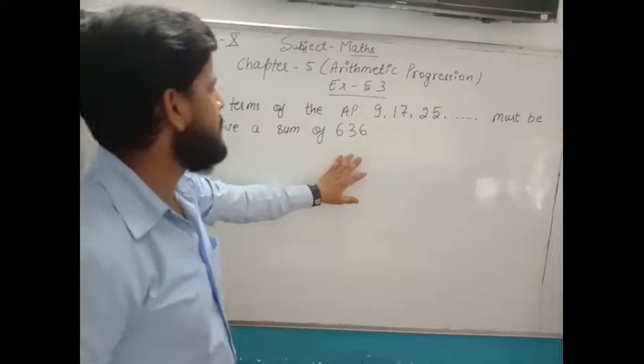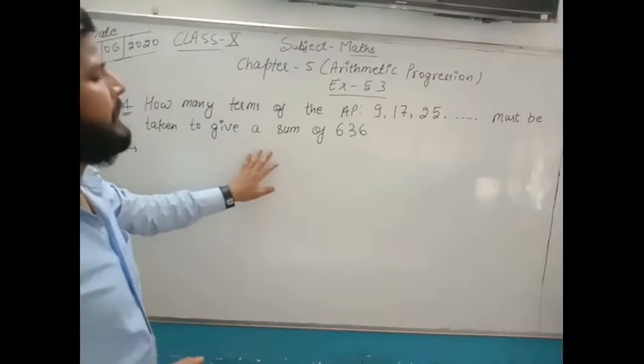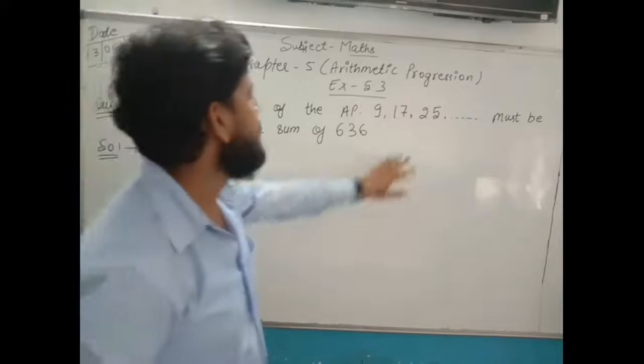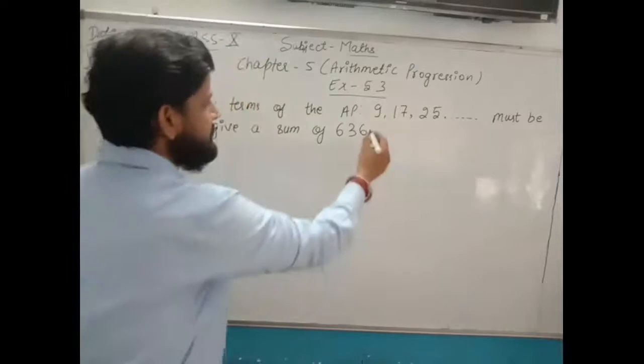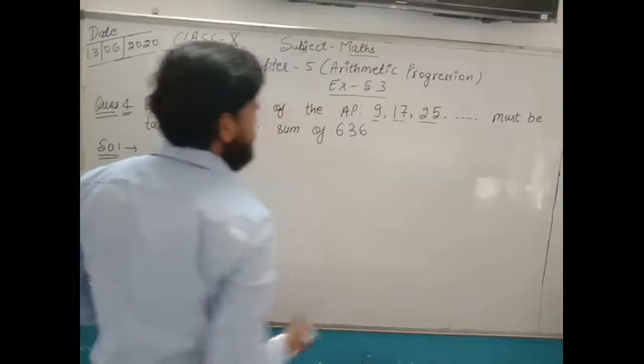sum of 636. Here we have to find out n. AP is given. So the first term is 9, the second term is 17, the third term is 25.